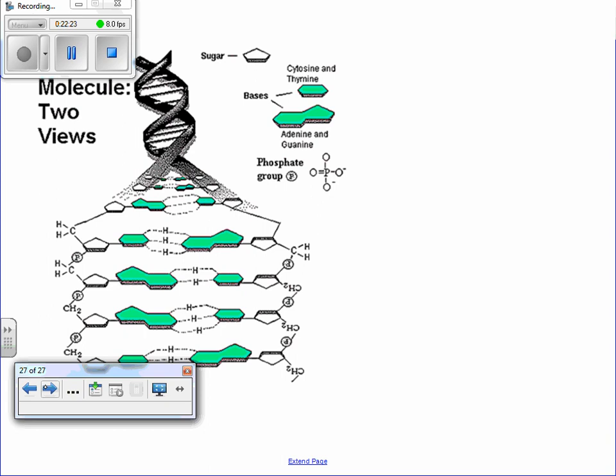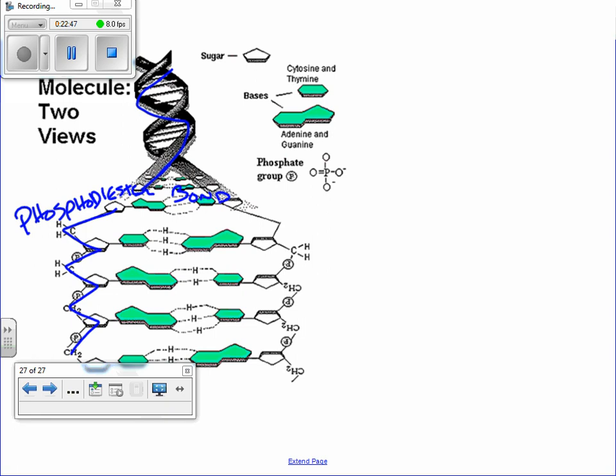Last image is DNA in its bigger picture here. So you can see we've got sugars and phosphates going down the side, right? So this part of the DNA molecule is all going to be sugar-phosphate bonds, and that's a phosphodiester bond, right?